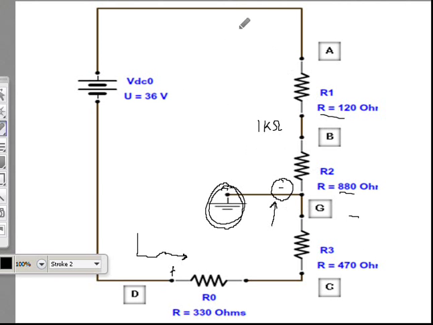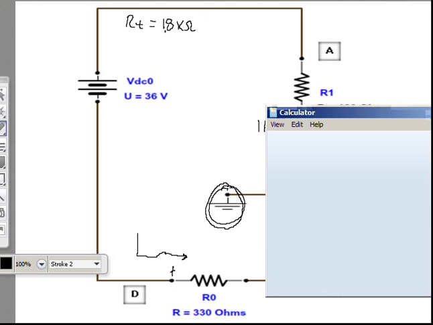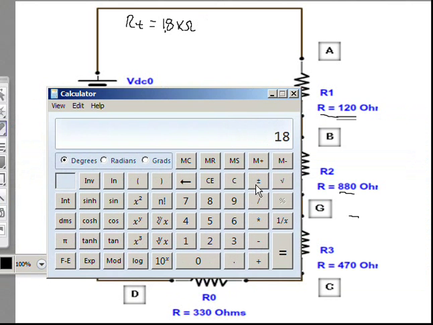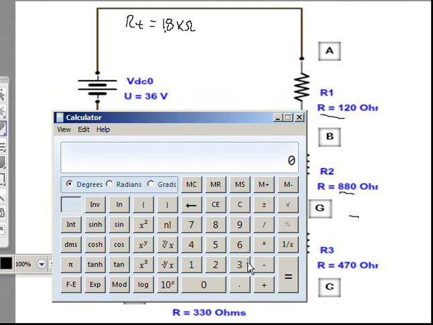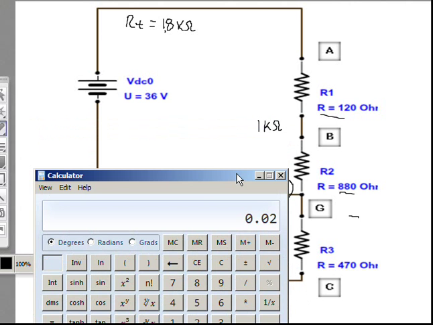And my total resistance, if you add up your resistors, is going to equal 1.8 k ohms, or 1800 ohms. So let's real quick figure out what our current is. That is 36 volts divided by 1800 ohms, or 20 milliamps again.